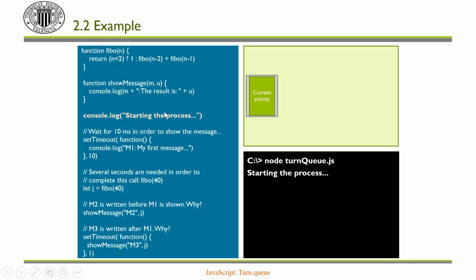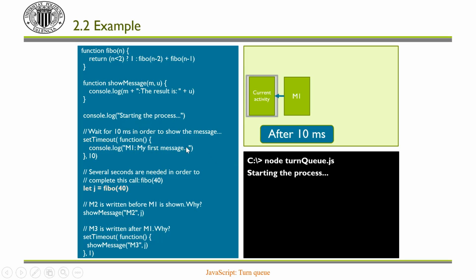The currently running activity is executing this line and shows on screen the message starting the process. Later on, it gets this other block, the setTimeout. And setTimeout is programming in 10 milliseconds the execution of this callback.